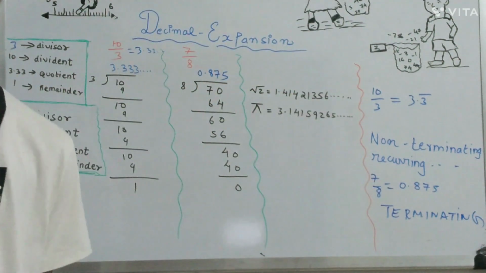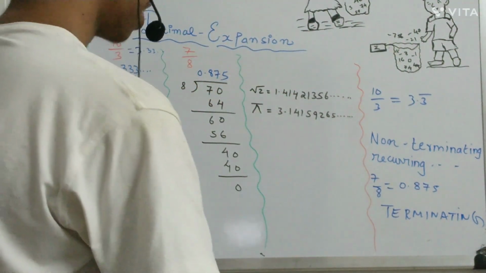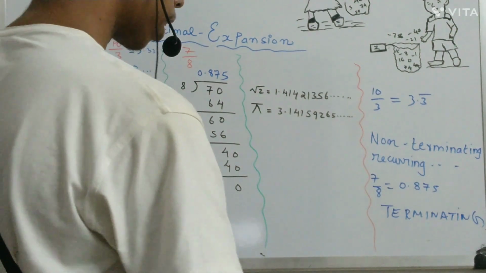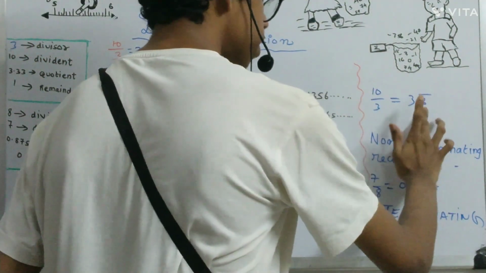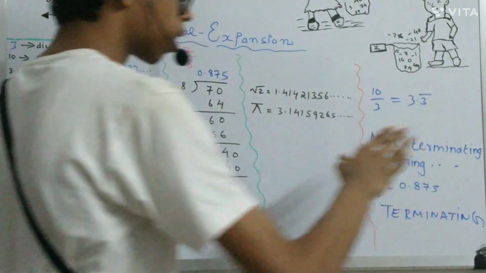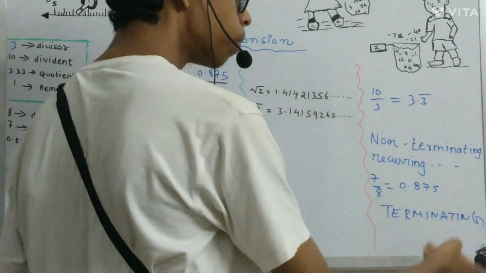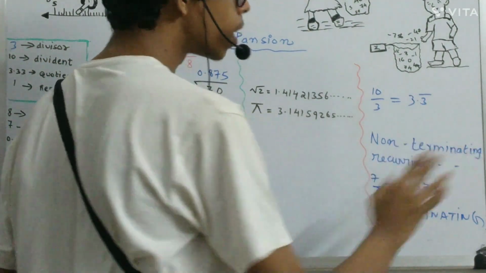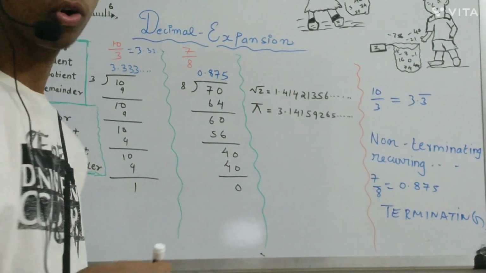I hope I am clear with this topic. When we did 10 by 3, we got 3.3 bar, where the same number keeps repeating after the decimal point. In a terminating decimal expansion, there is a stop to the numbers after the decimal point.